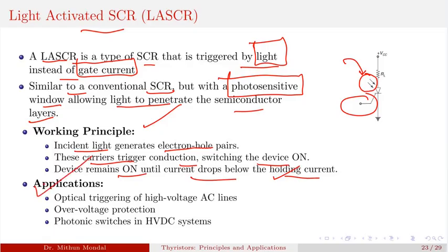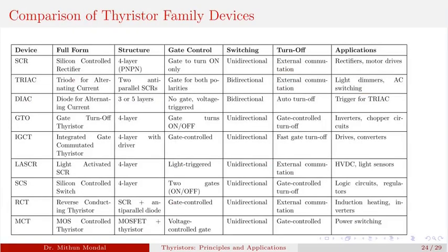So application wise, this is used for optical triggering for high voltage AC lines, over voltage protection, and photonic switches in HVDC systems. So the light activated SCR has got enormous application in many areas where we use the light as sensitive to semiconductors to turn it on.